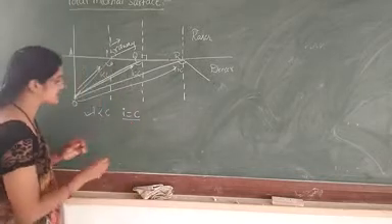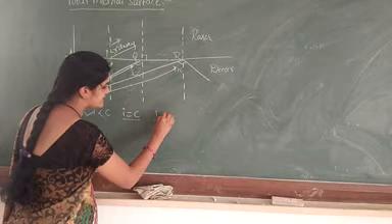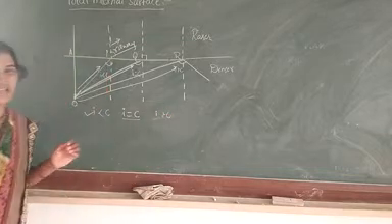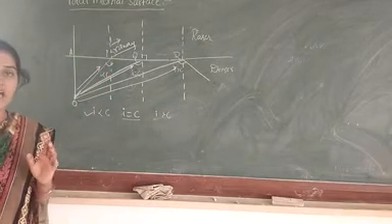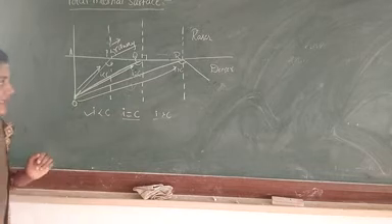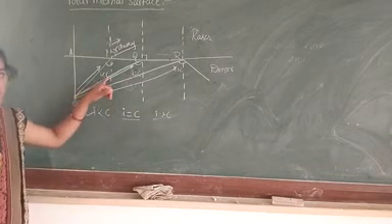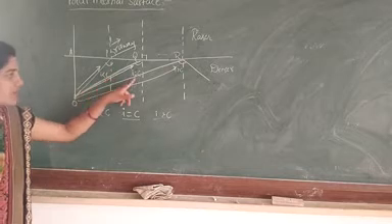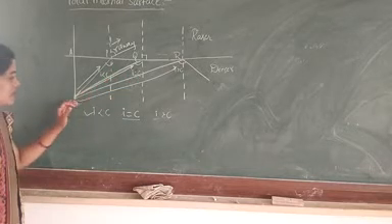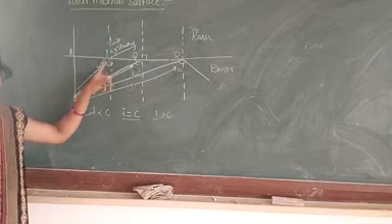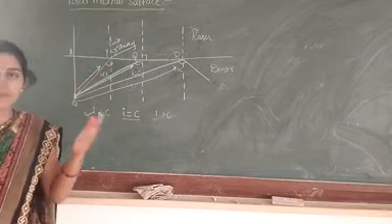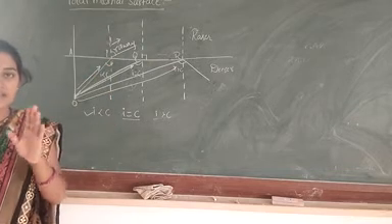Now here we are considering I is greater than C. Here we are telling that the angle of incidence is greater than the critical angle. In the first case, I is less than C. Next we are considering I is equal to C. The OP ray, going from the denser medium to the rarer medium, bends away from the normal.